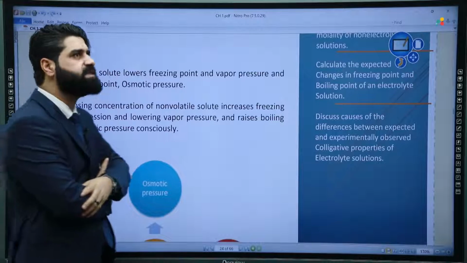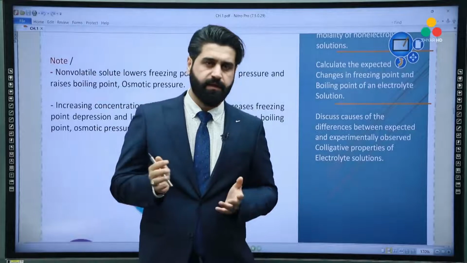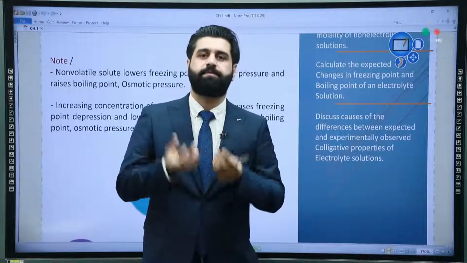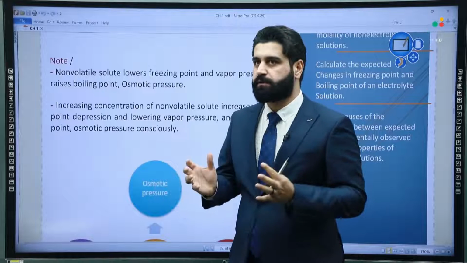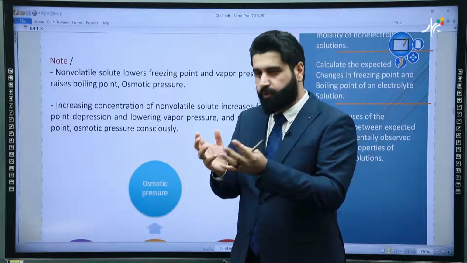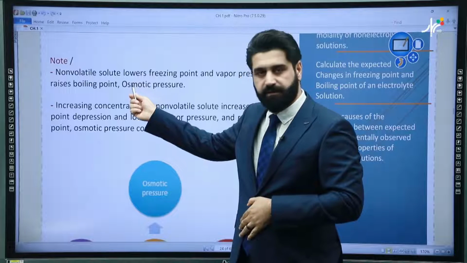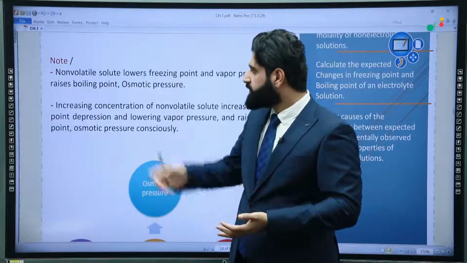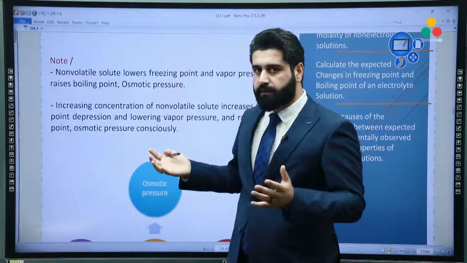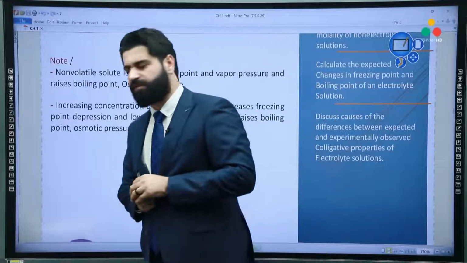For example, benzene, the commercial gasoline, we know that it vaporizes easily, so it's called volatile. But oil won't vaporize easily, so it's called non-volatile.